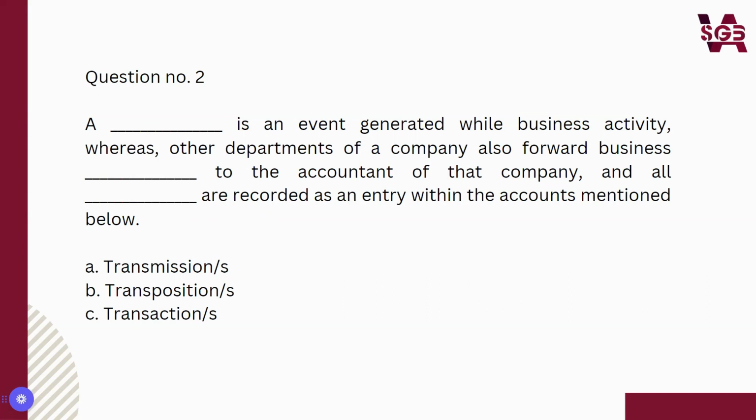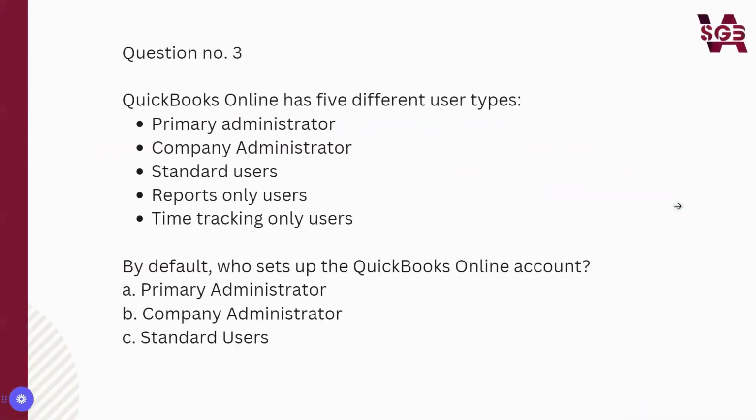Question number 3. QuickBooks Online has 5 different user types. First, primary administrator. Second, company administrator. Third, standard users. Fourth, reports only users. And fifth, time tracking only users. By default, who sets up the QuickBooks Online account? A, primary administrator. B, company administrator.